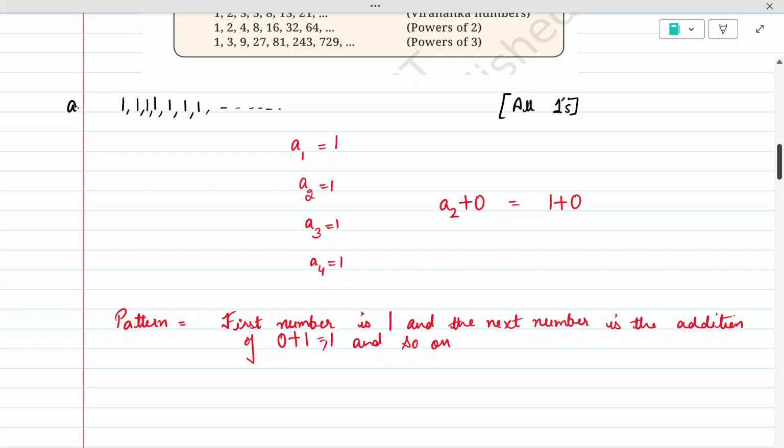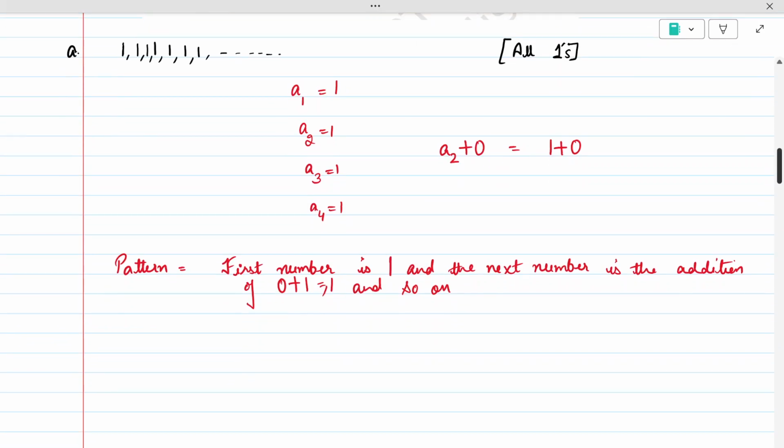So kids, if I ask you what is the 10th number here, at position 10, which number is present? What would be A10? At the 10th position in this sequence, what will we get?